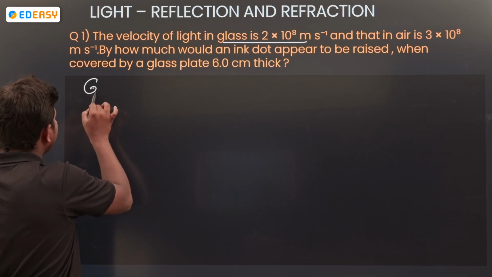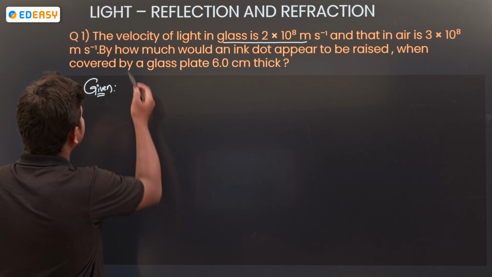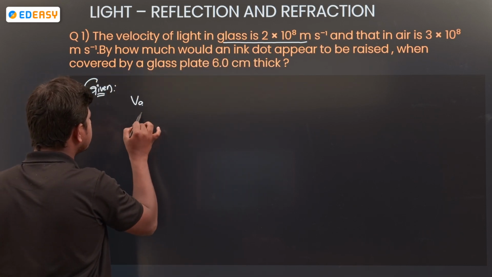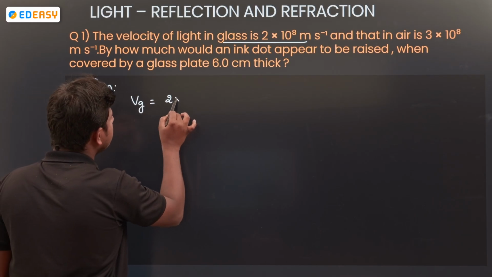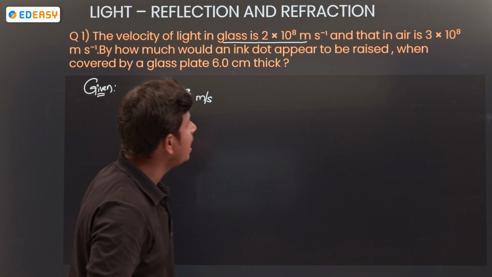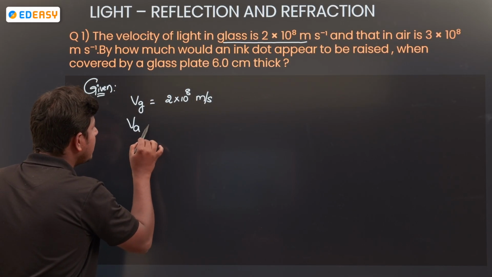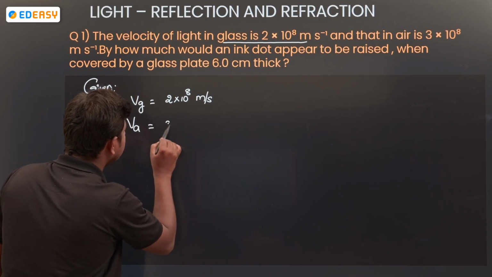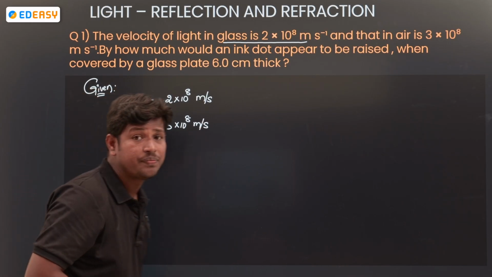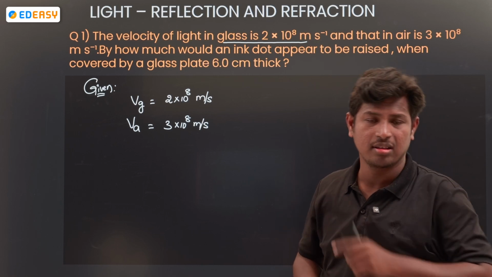The velocity of light in glass is 2 into 10 to the power of 8 meter per second, and the velocity of light in air is 3 into 10 to the power of 8 meter per second. So two velocities are given. One time the light travels in air, that is how much?